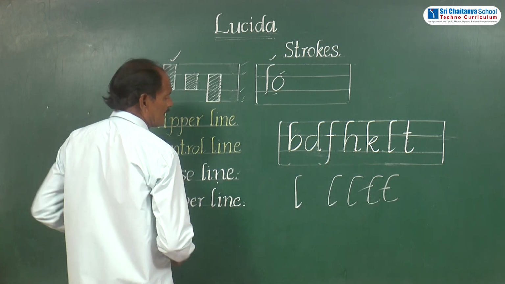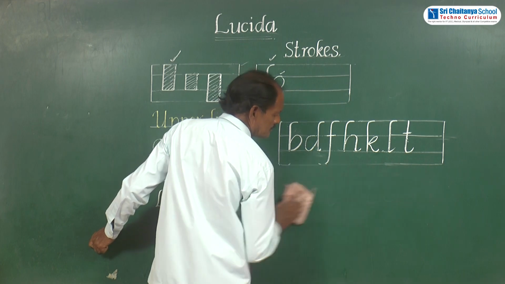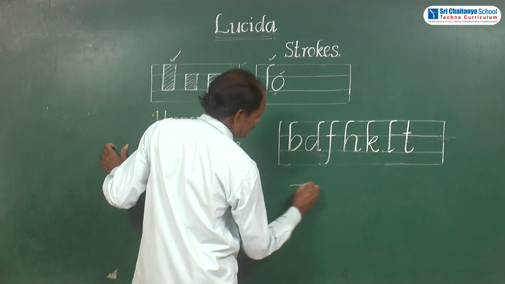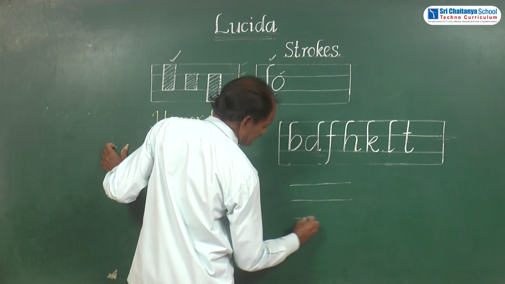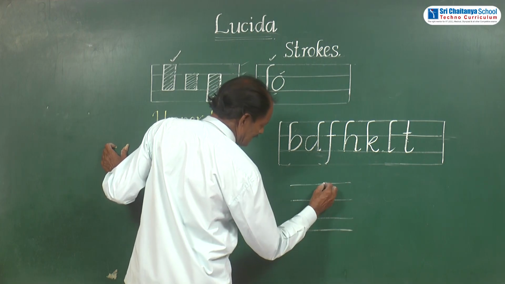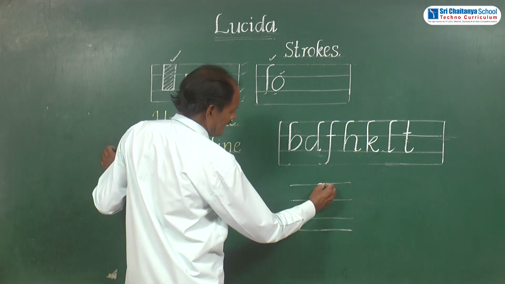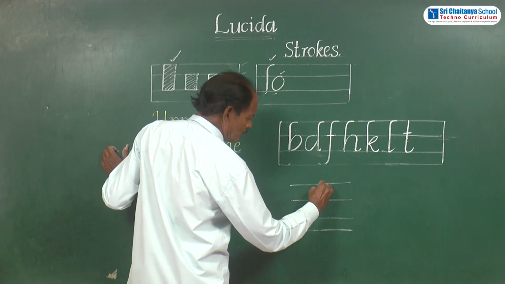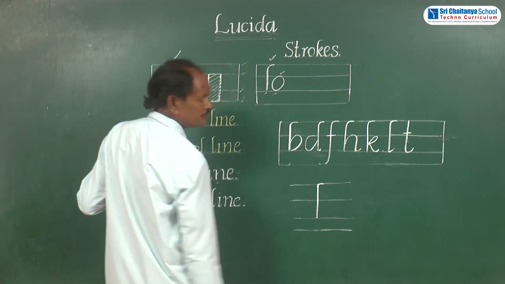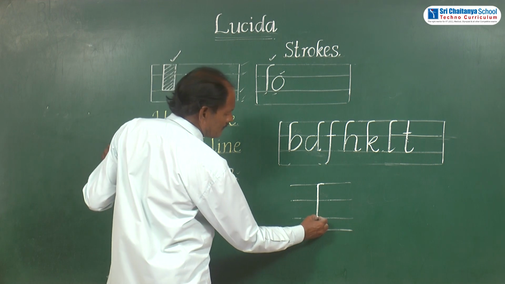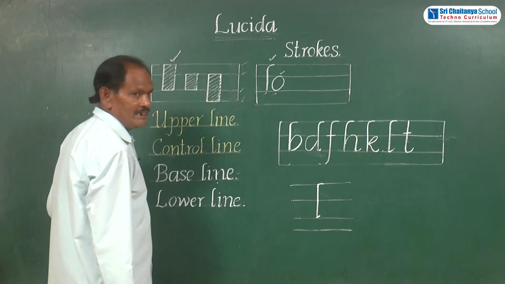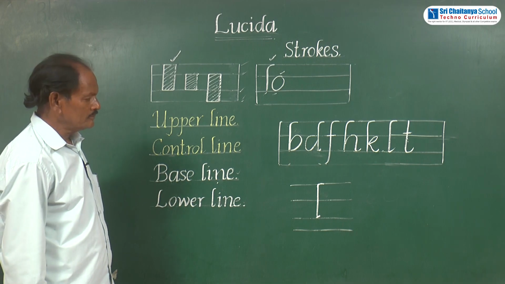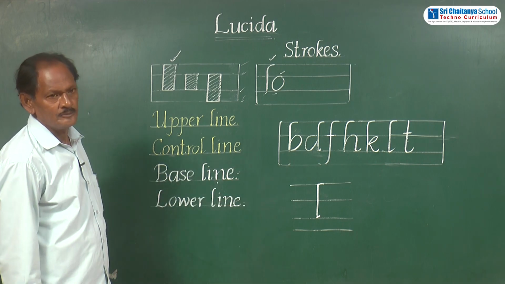The correct way of writing L is slight dragging on this upper line like this, and from there we have to take a slant. From the slant it is almost straight line, and a small hyphen will be given to the right side of the letter. Okay? This is the correct way of writing L.